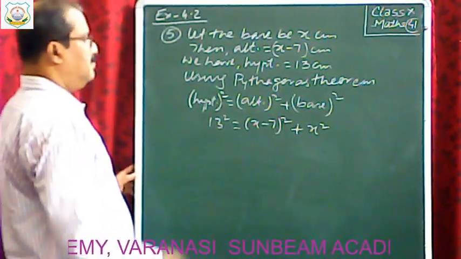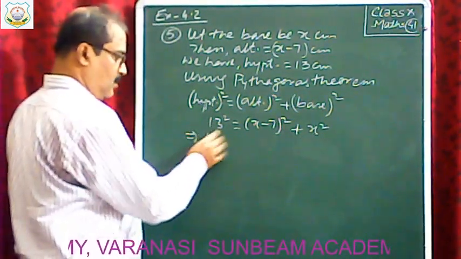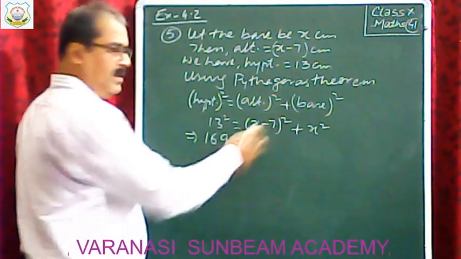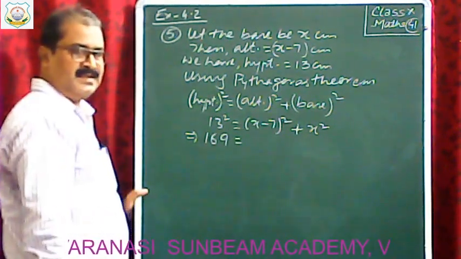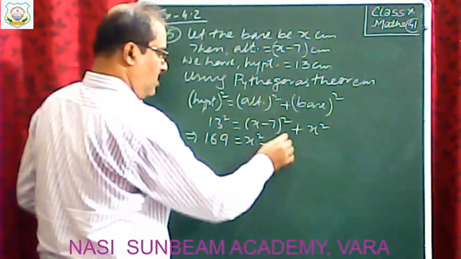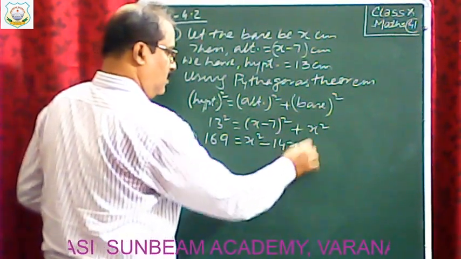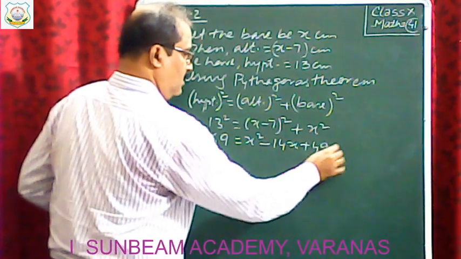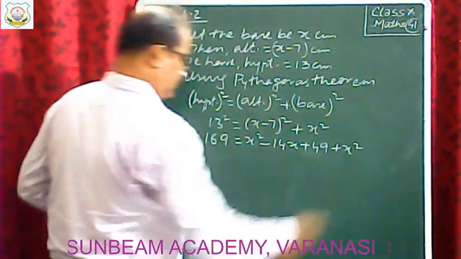Now we have to simplify. 169 equal to (x − 7)², which is a² − 2ab + b², so x² − 14x + 49, plus x².